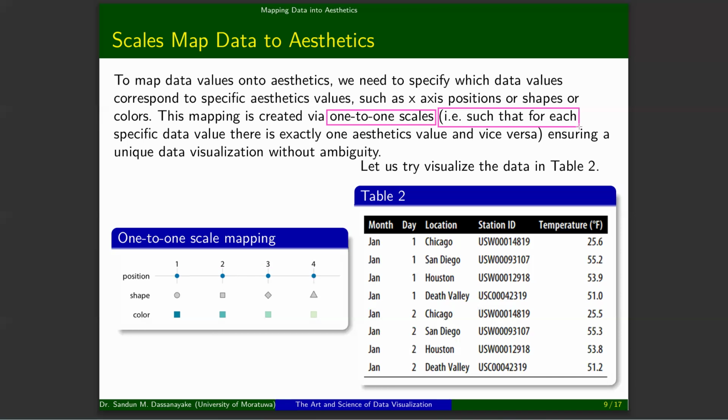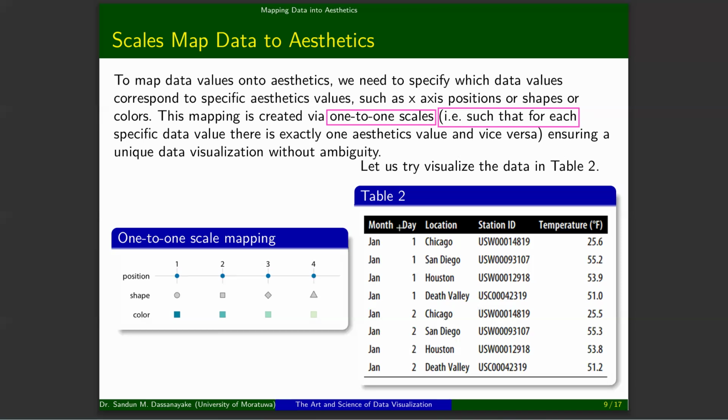But certainly I'm not talking about the social life. I'm talking about data visualization. So here it has to be one-to-one. You have one scale representing one particular aesthetic so that the data can be linked.